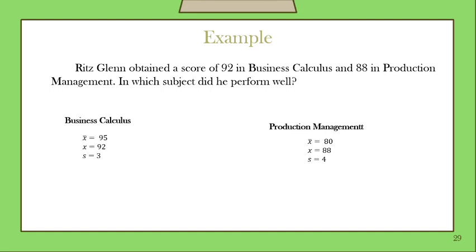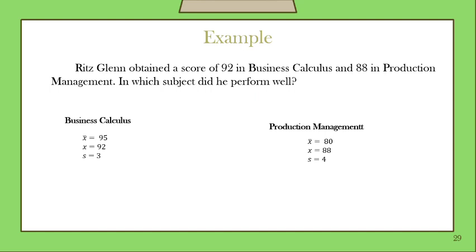And sa production management naman, sabihin natin ang mean is 80 and ang raw score niya is 88 and ang standard deviation is 4. Rich Glenn's score in business calculus is 3 points below the class mean performance and 8 points above the class mean performance in production management.